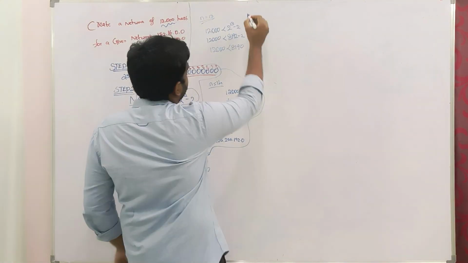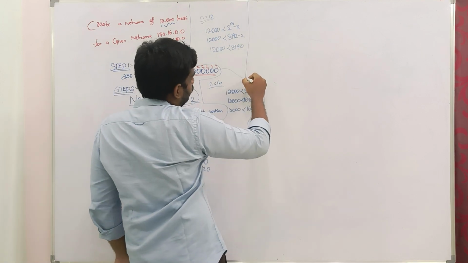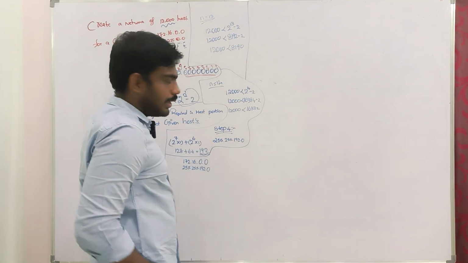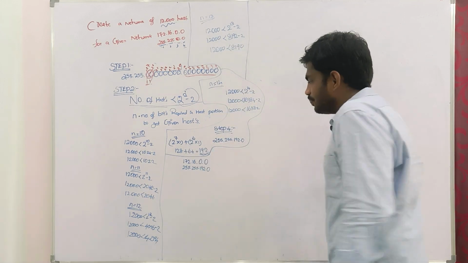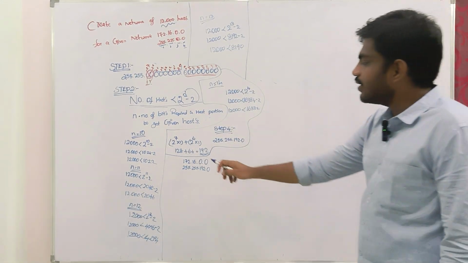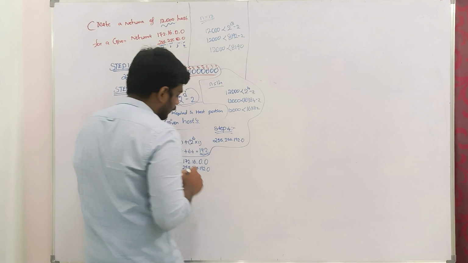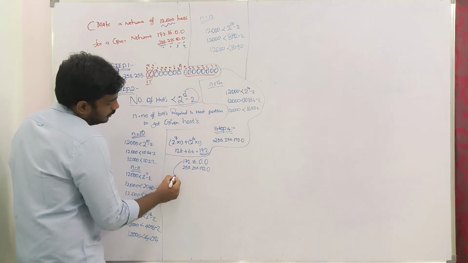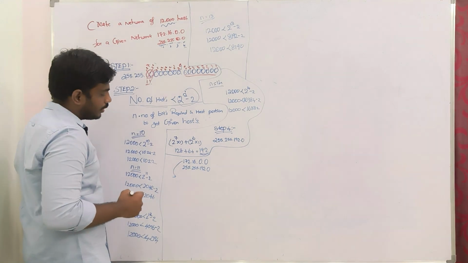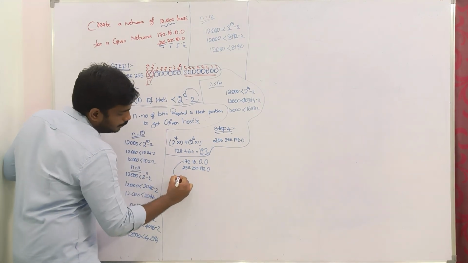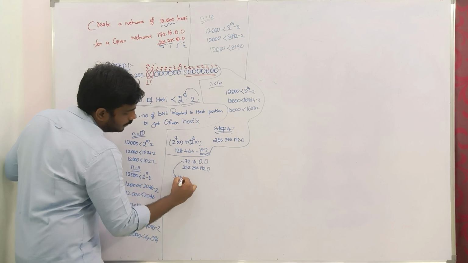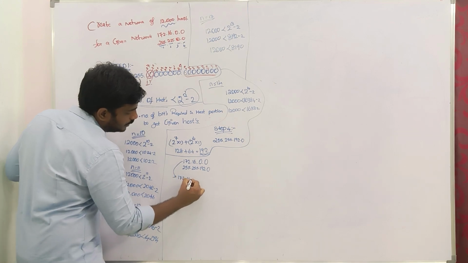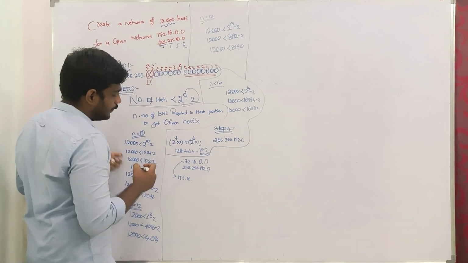I started from here. Otherwise, if I write like this, it will get confusing. So, 172.16.0.0. What I told you: you take this network IP and convert it to binary. 172.16, we have 2 host portion.